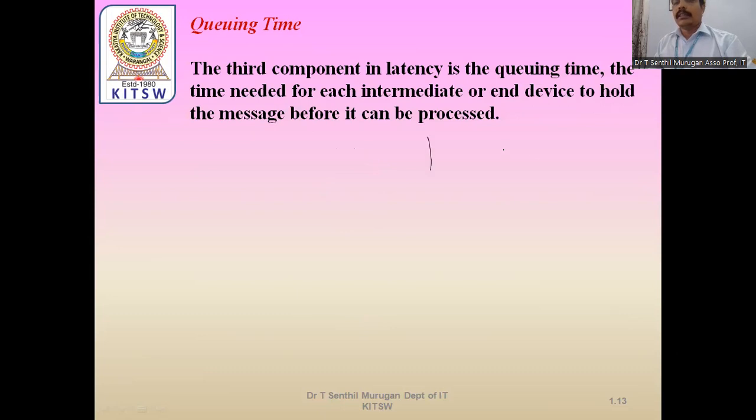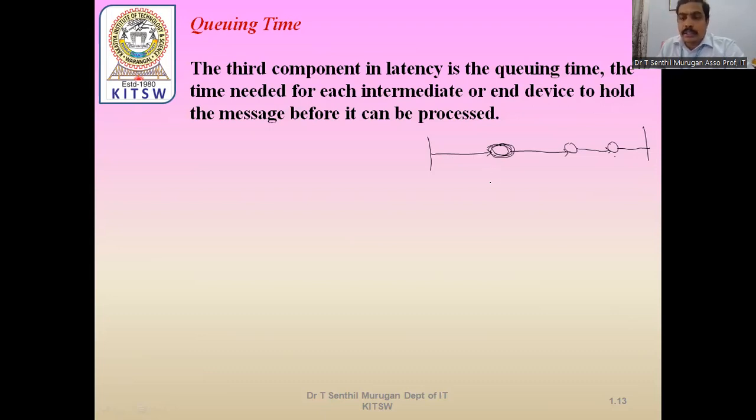So the source is there, some intermediate nodes are there, and finally the destination. The message comes here, it will be processed, then it will be sent on and processed again, then it will reach. Until the packet is processed, the remaining messages or bits will wait.